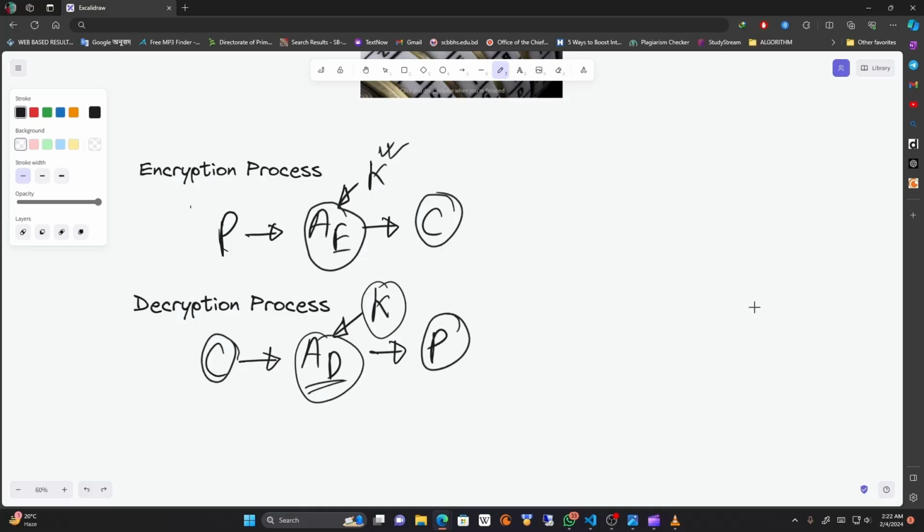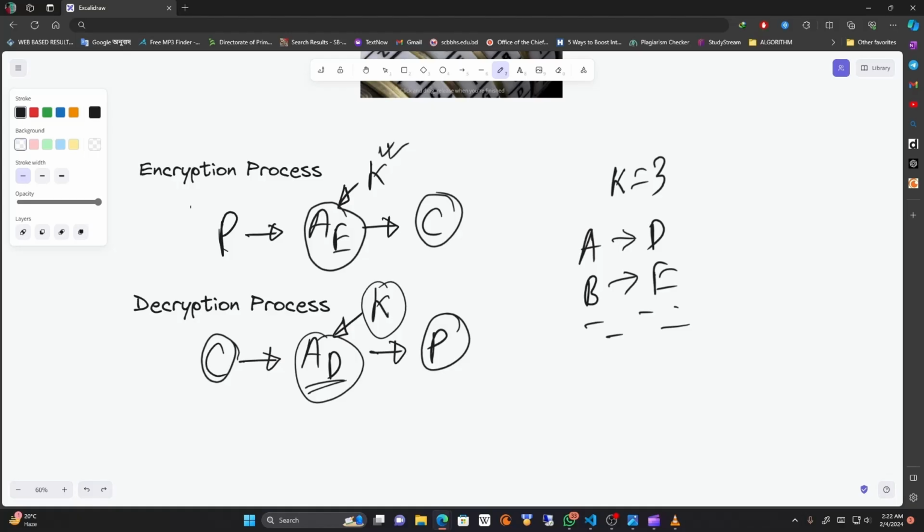For example, imagine we have the alphabet laid out in a line with a shift key value 3, where A becomes D and B becomes E, and so on.